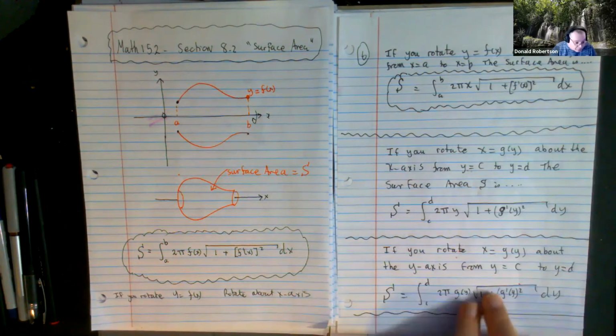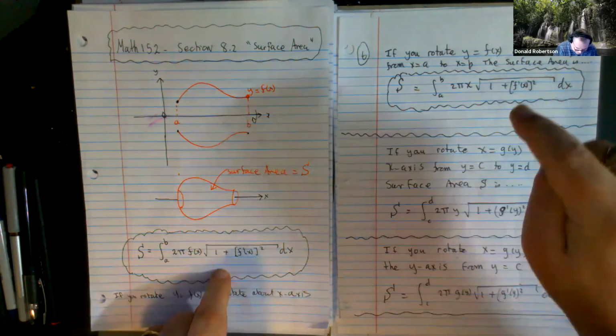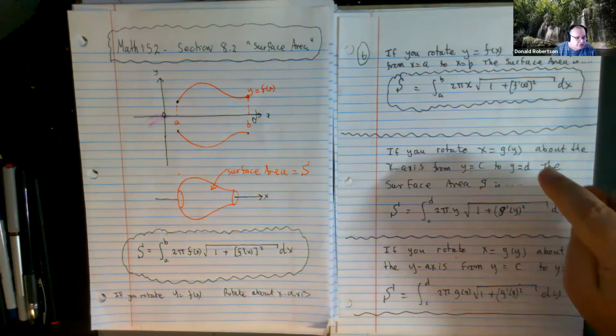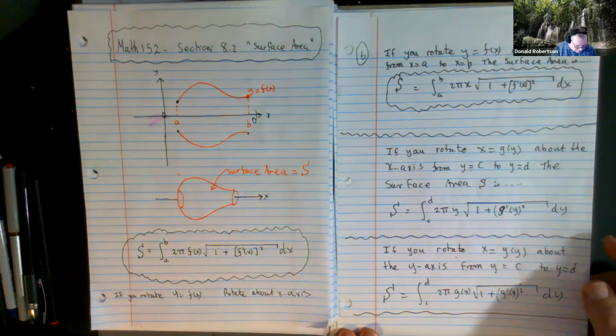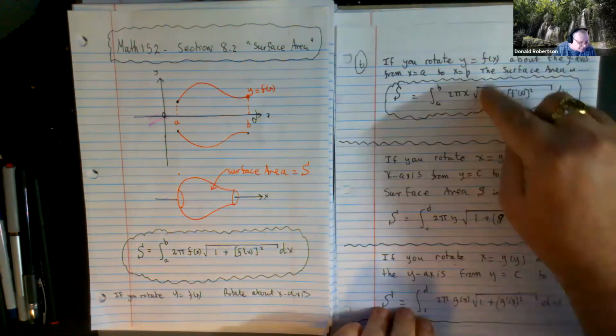The bit inside the square root. So you've got 4 situations. A function in terms of x being rotated about the x and y axes. A function in terms of y being rotated about the x and y axes. Okay. So what we're going to do today is have a look at ones that look like these 3.